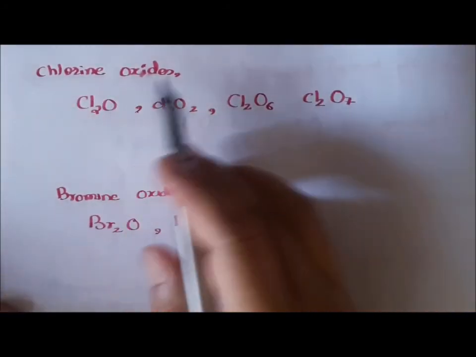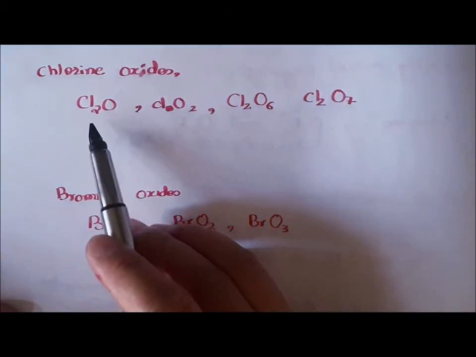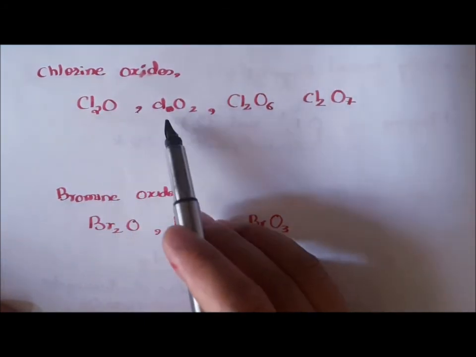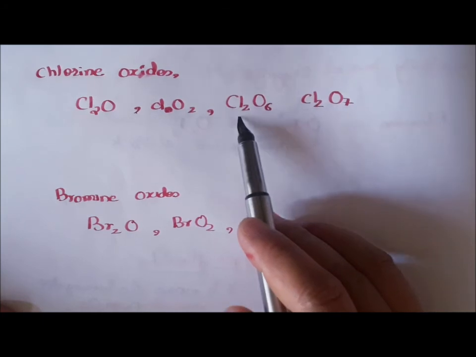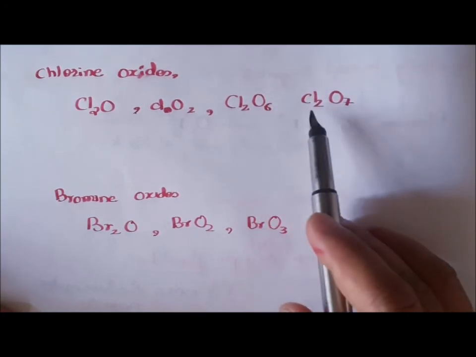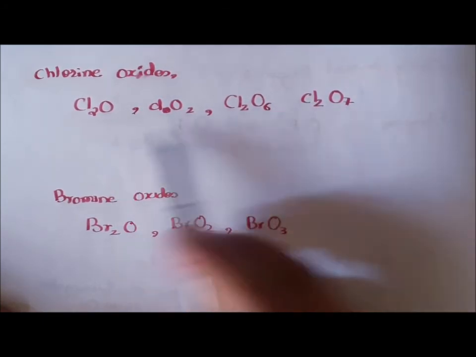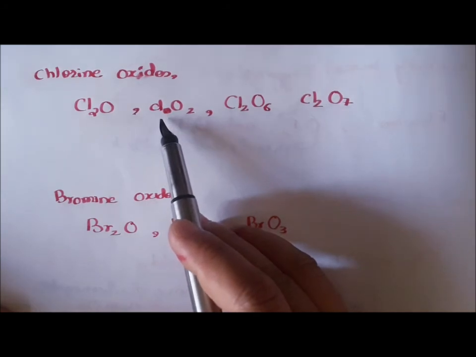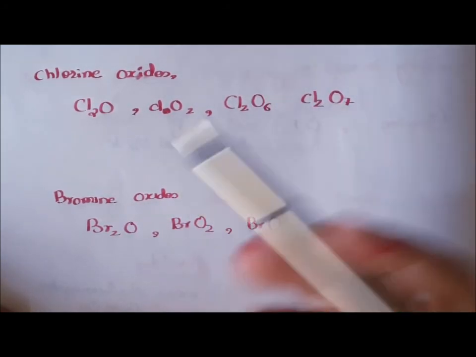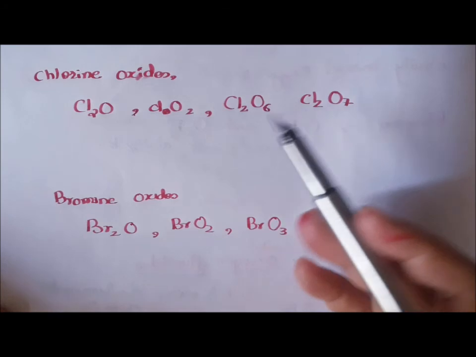Now some examples of chlorine oxides: dichlorine monoxide, chlorine dioxide, dichlorine hexaoxide, dichlorine heptaoxide. These are the oxides of chlorine, and they are highly reactive oxidizing agents and tend to explode.